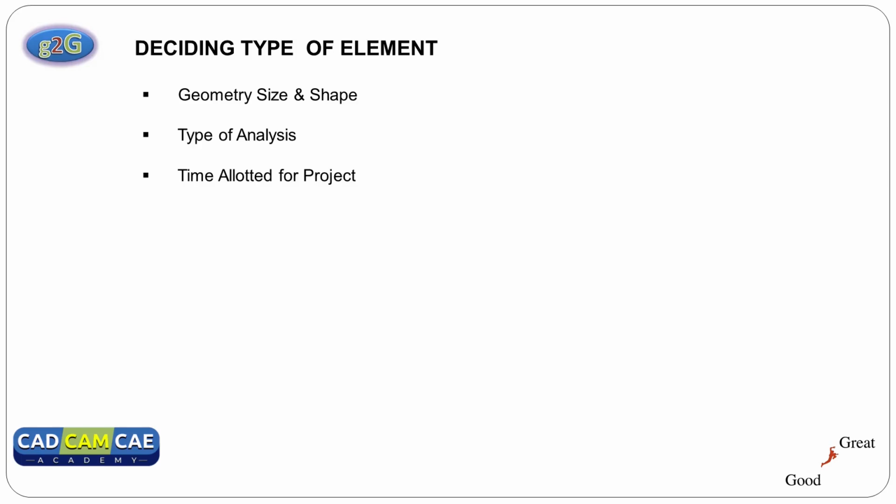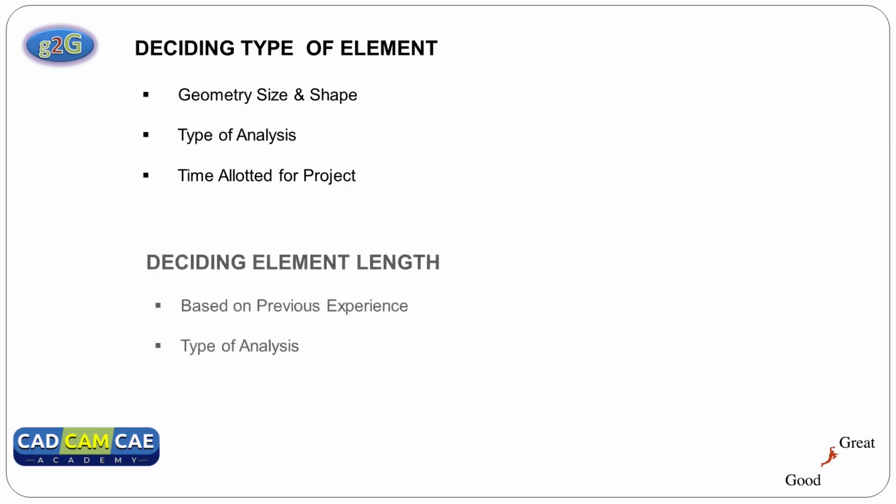Also the type of analysis, whether it is a drop test, impact test, frontal impact, or rear impact. All these factors affect choosing the type of element and the size of the element, the element edge length. We can decide this from previous references, previous experience, and the type of analysis we are going to perform.